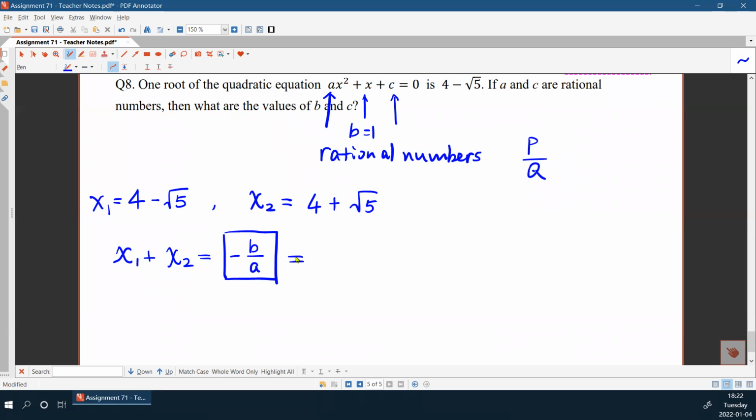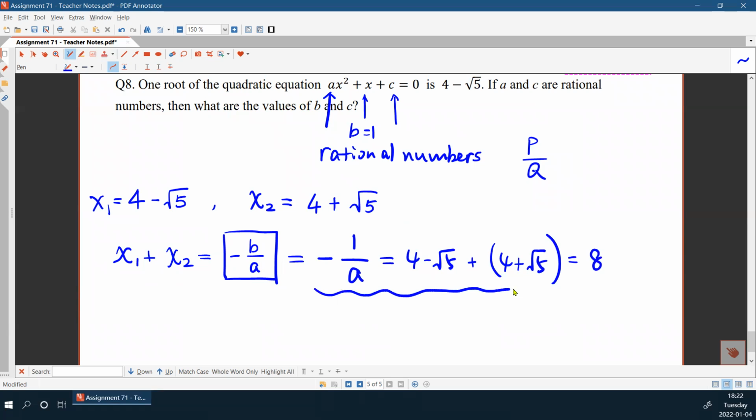So negative b over a: b is 1. A is unknown, so just keep a here. And apparently x1 is 4 minus square root of 5. Then x2 is 4 plus square root of 5. So this will give you 8.